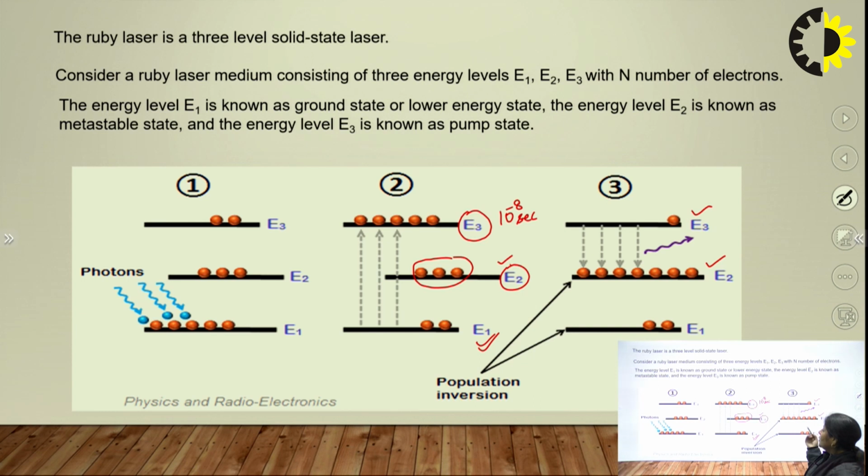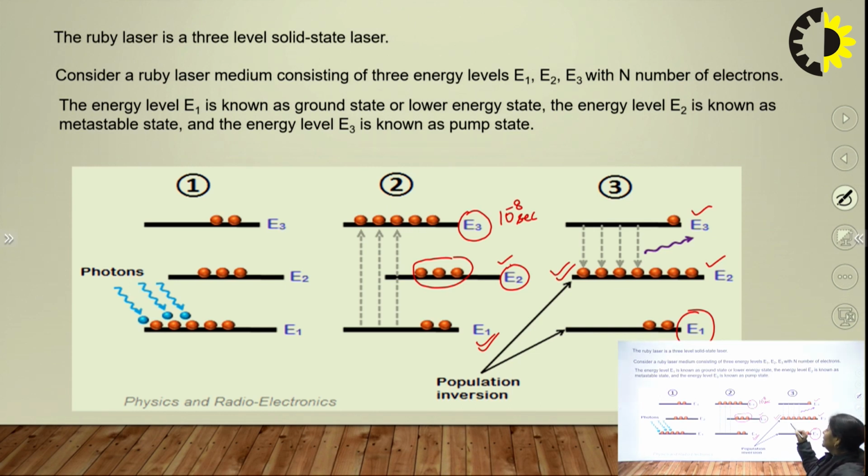So slowly with time, the number of atoms in this energy level E2 starts increasing as compared to E1, which is the lower energy level. So E2 is having a larger number of atoms as compared to the lower energy level E1.